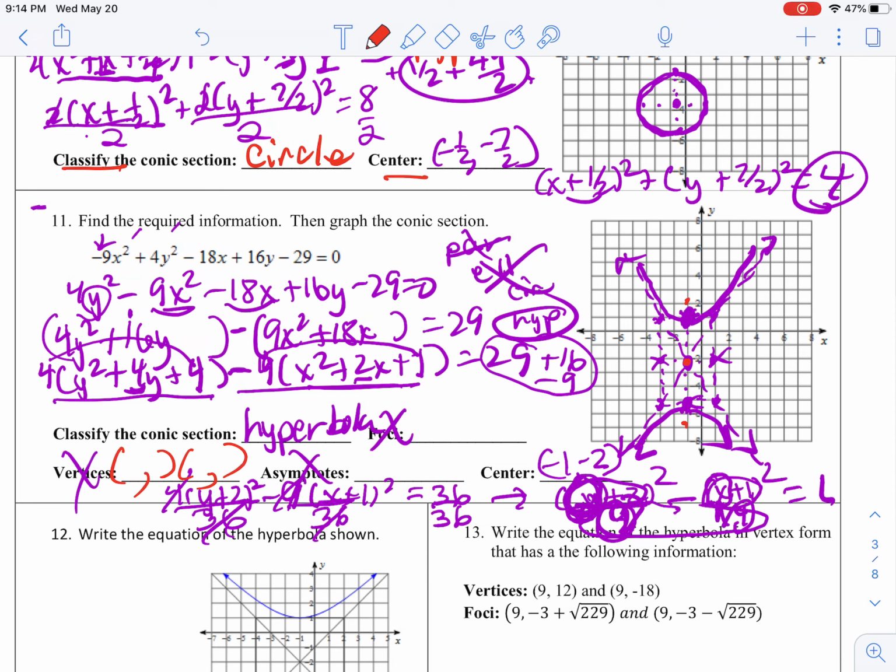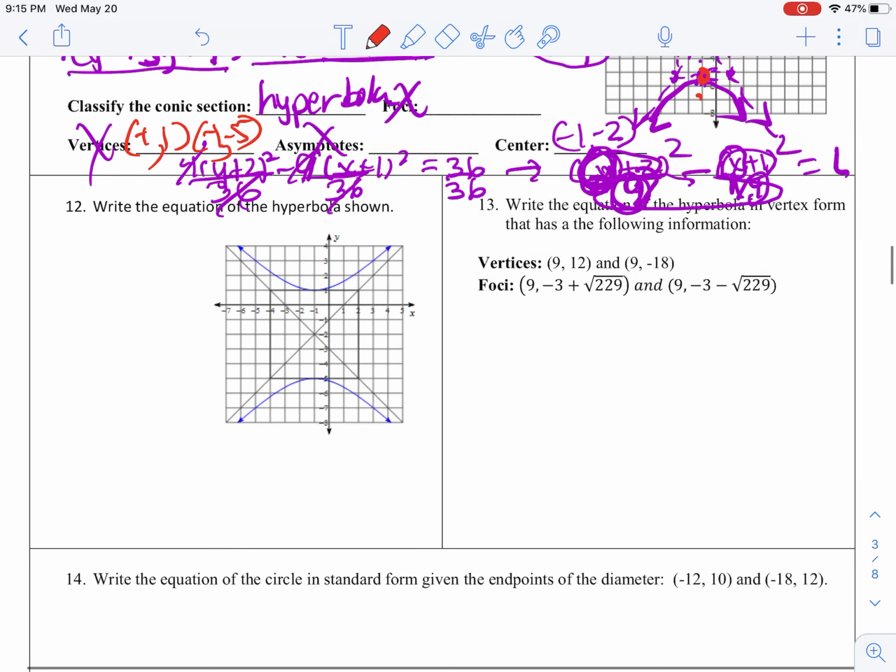But if you found them, you ought to be able to name them. These are my vertices here, and I really think one of the, oh no, they got these right. You can see this dot is -1, 1, and this dot is -1, -5, because from -2 you went up and down 3. All right, so now let's go to 12.